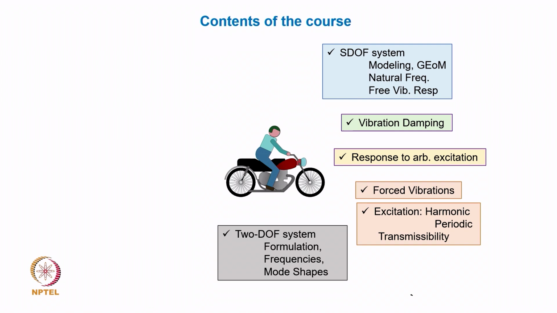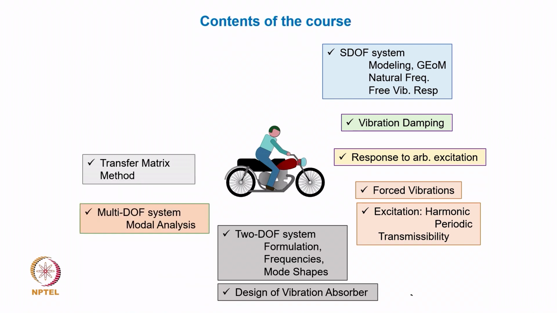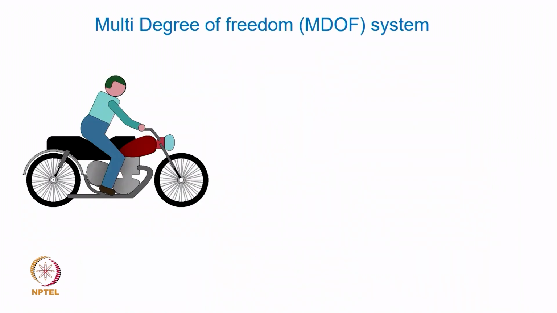You might have all learnt earlier what is the meaning of a mode shape. So, we will discuss these aspects of a 2 degree of freedom system. All right, and then of course, we will get on with other things which are lined up a little later.